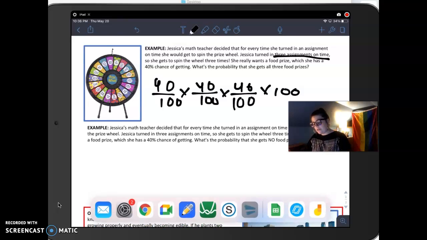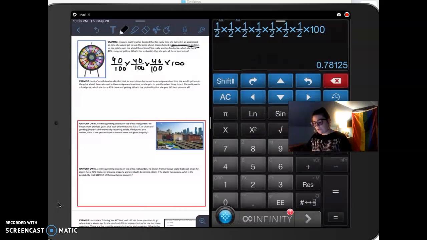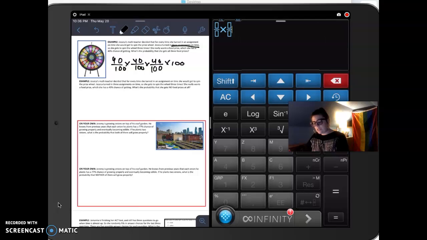So going to our calculator, we're going to do a fraction times another fraction times another fraction, times 100 to turn it into percent.